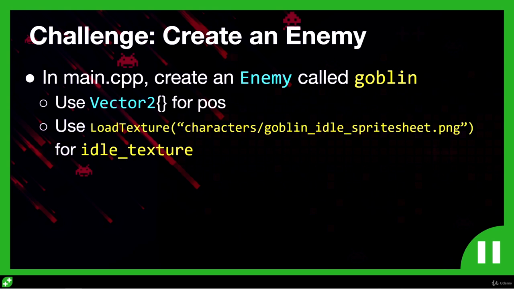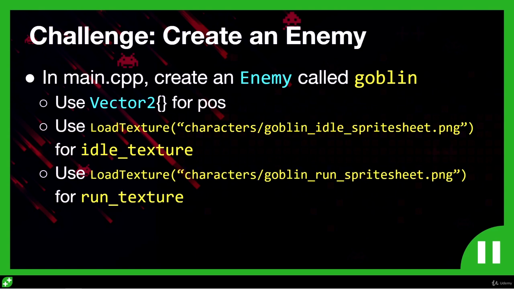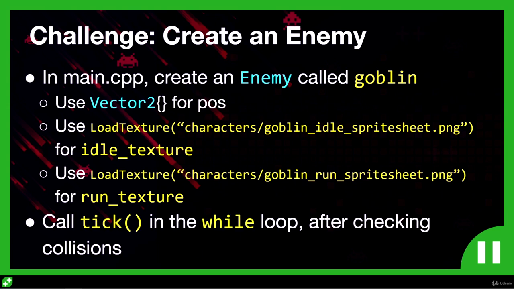For the idle texture input parameter, call load texture and load in the PNG file from the characters folder called Goblin Idle Sprite Sheet. For the run texture, call load texture and use the Goblin run sprite sheet. Next, call the tick function for this enemy instance in the while loop just after checking for collisions with the props. Pause the video and do this now.